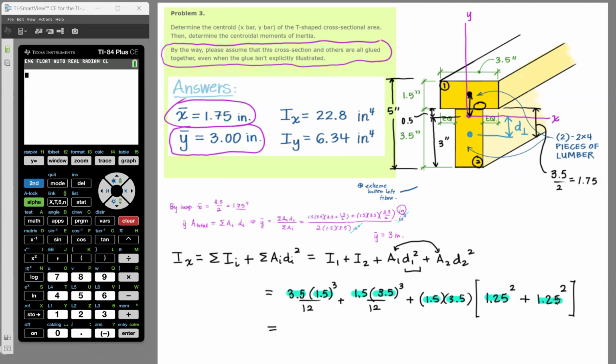And I'm going to go to my calculator. As I mentioned, my process is kind of backwards of the way that I usually see students do. I usually start with the most complicated term and handle that first and then work my way towards the simplest term. So I would do 1.25 squared, double it, times 1.5 times 3.5 equals, and then plus, open parentheses, 3.5 divided by 12 times, open parentheses, 1.5 cubed.